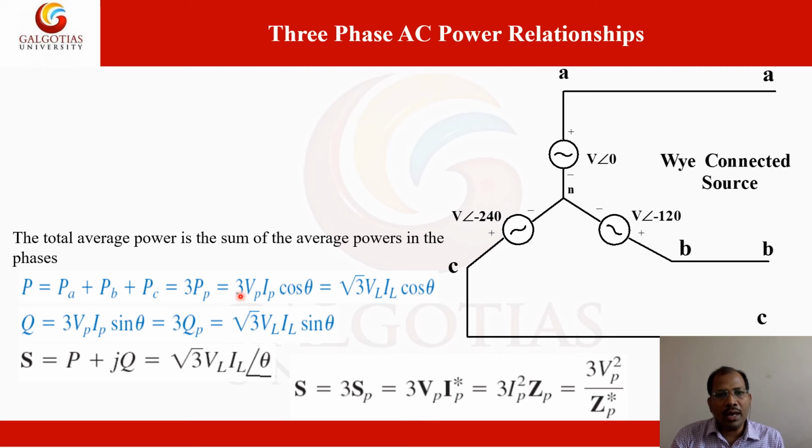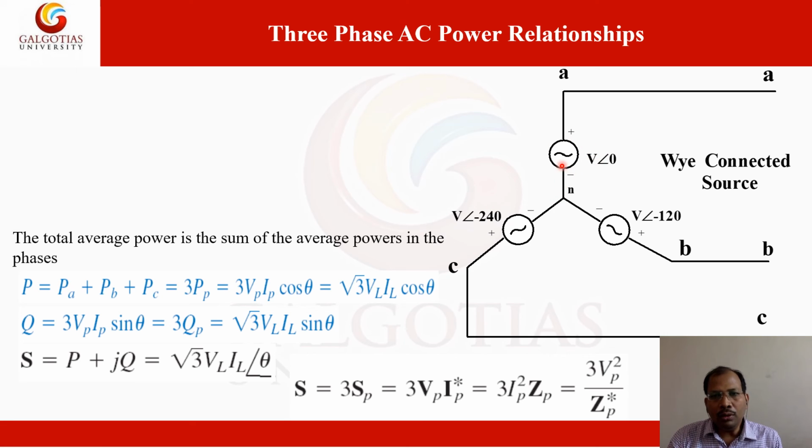So PP we can write as Vp Ip cos theta, which is already calculated in the single phase system, so we put it here, and then multiply by 3. Theta is the equivalent angle between the voltage and current. This is one way, where we consider the phase voltage and current. If we want to represent the line voltage and line current, Vp and Ip are the same: this is Vp, this is Vp, and this is Vp. The current flowing through this source is Ip. Here in the star connection, the phase current is equal to the line current, there is no variation.